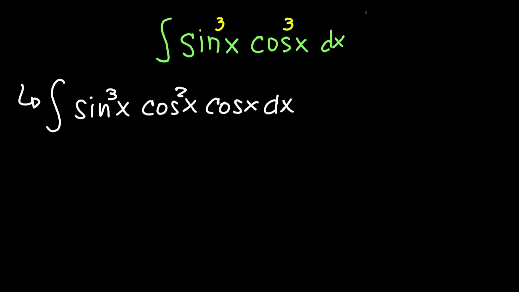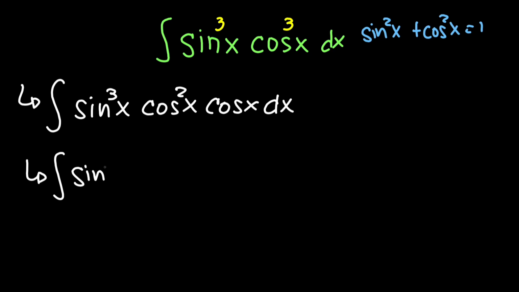I will just put it in order to avoid repetition. So since what we want here is cosine of x, transposing sine squared of x to the other side, this would be 1 minus sine squared of x, and copy the rest.